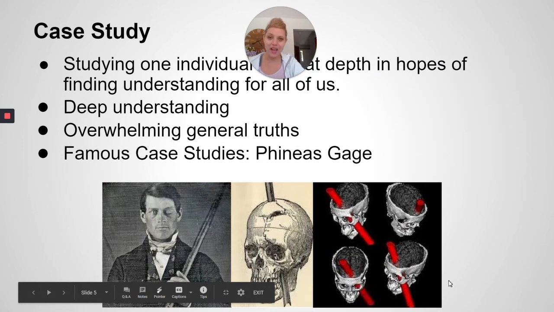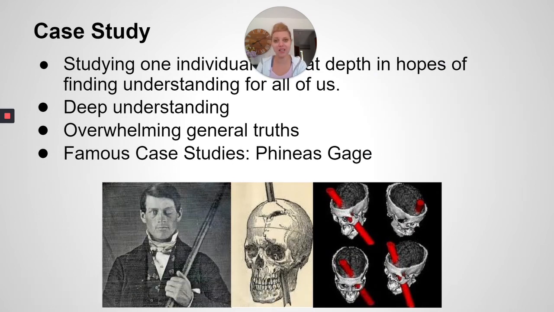Now, another type of research method that we use very frequently in psychological research is something known as a case study. So in a case study, I am going to study a single person or a small group of people in depth in hopes of finding out something that could be applied to all human behavior.